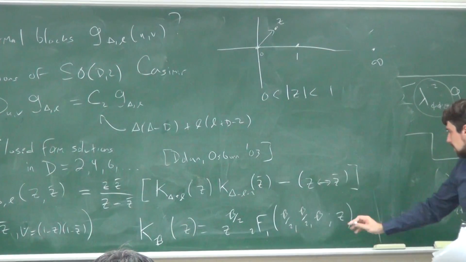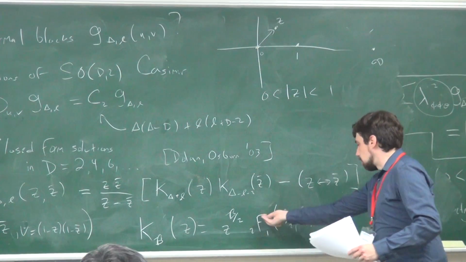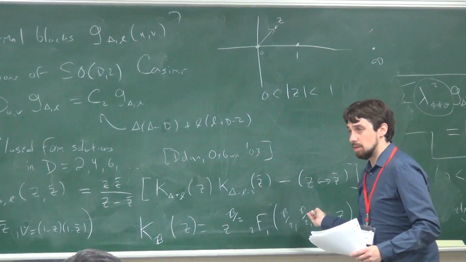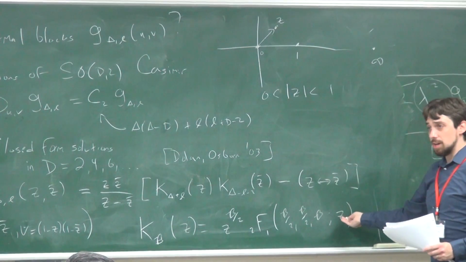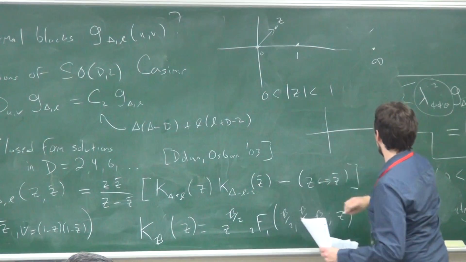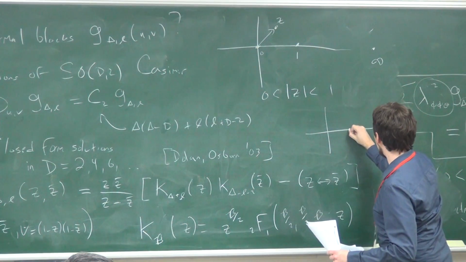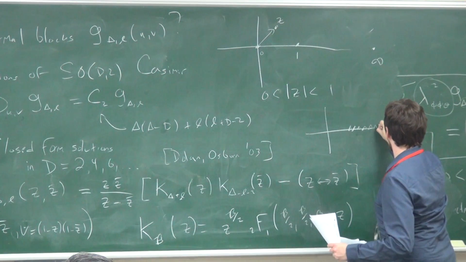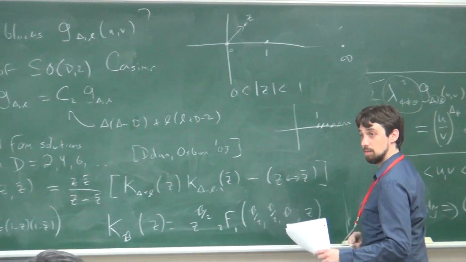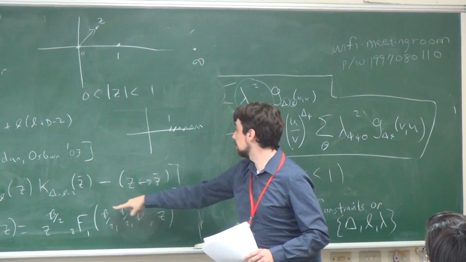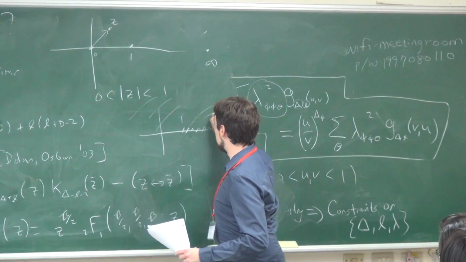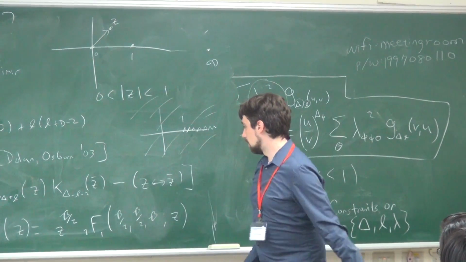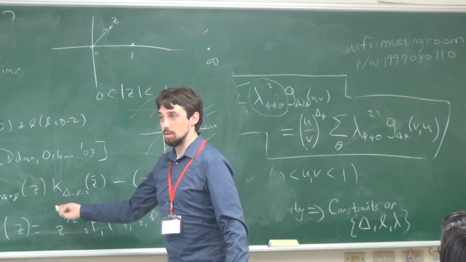And in particular, if you think about the analytic properties of hypergeometric functions, they have a branch cut in the complex z-plane, starting at 1 for this hypergeometric function. But everywhere outside of that branch cut, this is smooth and analytic.